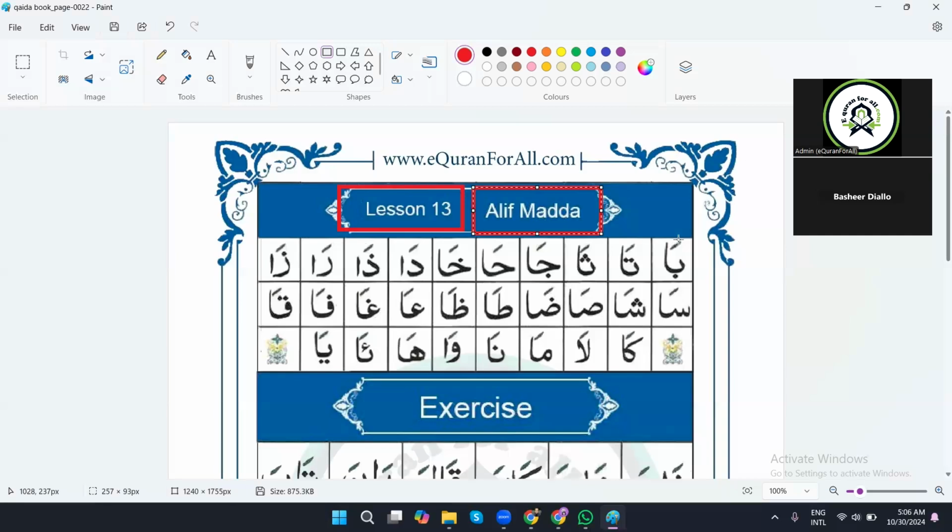We will try to learn and memorize them and understand them. Then inshallah ta'ala, whenever you read in the Quran, you can easily find out whether it is alif madda or not. If it is alif madda, we stretch it for 2 seconds. Otherwise, we read that alif as a normal alif.